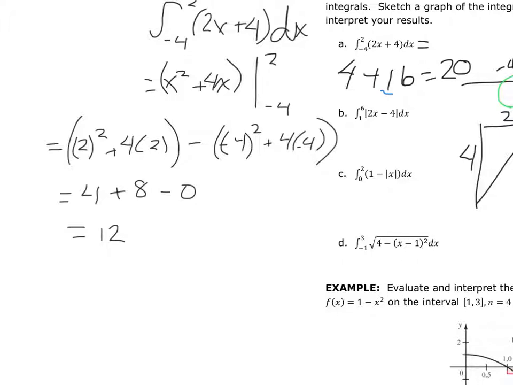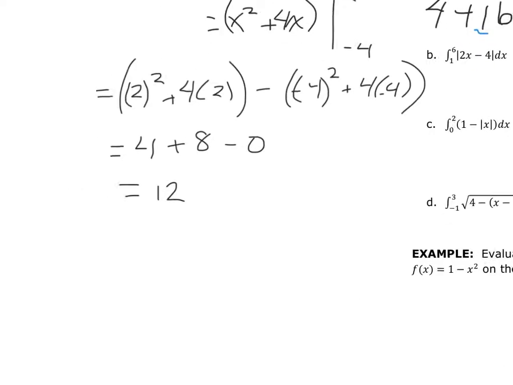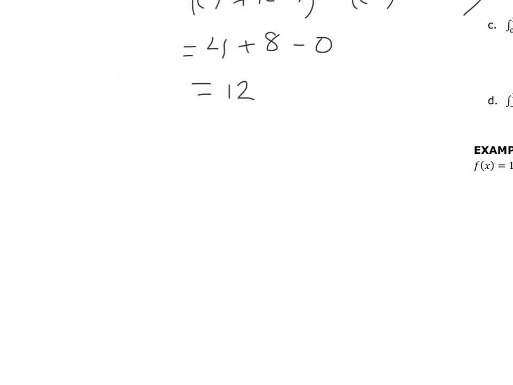But if they want the total area, you have to figure out where it crosses the x-axis and break this up. So if they wanted the total area, then what I would have had to do is break it up between negative 4 and negative 2, and then plus negative 2 to 2.